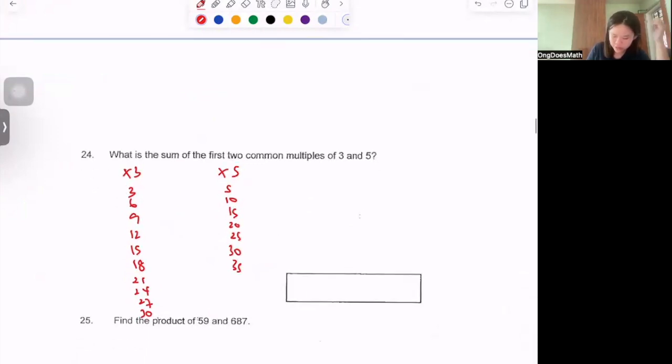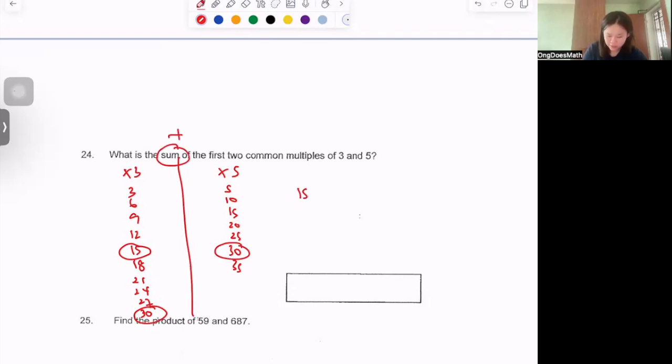The first 2 common multiples, if you scan through which numbers appear on both sides: 15 is the first one. Another one should be 30. They want the sum. Sum means plus. So you just have to add 15 plus 30, and that should give you 45.